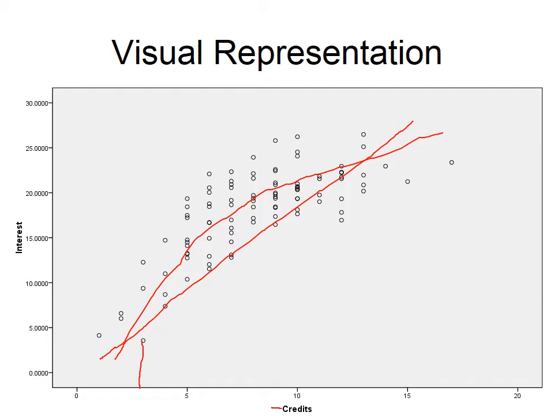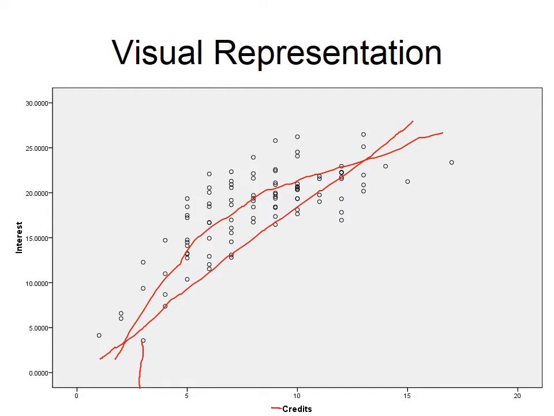So if we try to fit a line to this data, if we fit a straight line, let's see if I can actually draw this. It would look something like this, and it does fit the data pretty well. However, maybe a curved line might fit the data a little bit better. So what I mean by fitting the data, we see less distance between the line and the points.